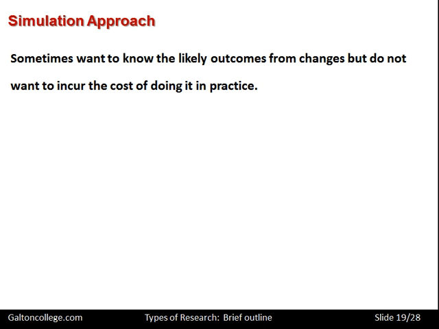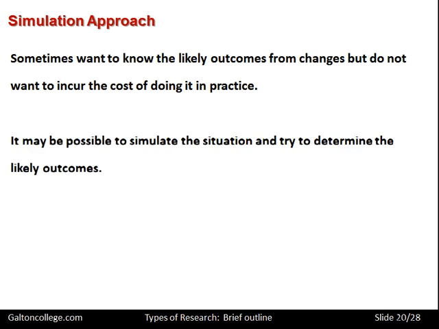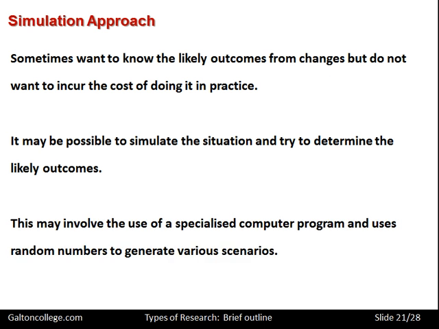And nowadays computers are more and more sophisticated, and they're able to simulate situations as well. It may be possible to simulate the situation and try to determine the likely outcomes. This may involve the use of specialized computer programs and use random numbers to generate various scenarios. So computers are pretty good at helping with this type of approach.